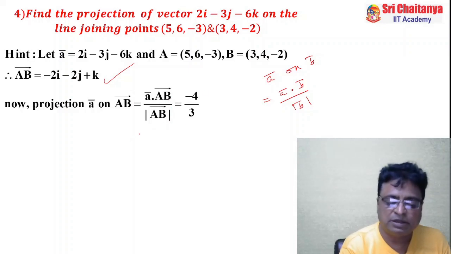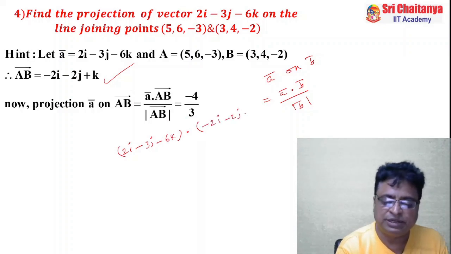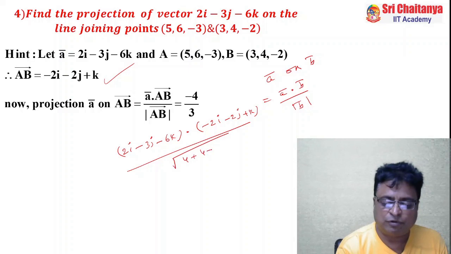Just apply the formula. What is A bar? A bar is 2i minus 3j minus 6k, dot AB bar. What is AB bar? Minus 2i minus 2j plus k, by mod AB bar, root of 4 plus 4 plus 1.